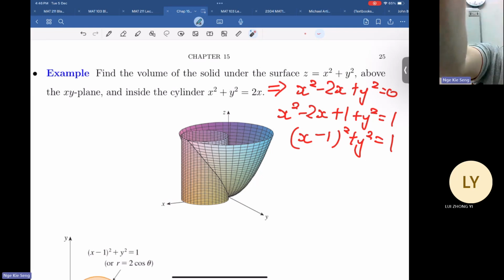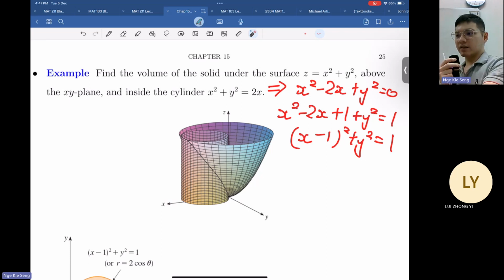So this picture is equivalent to drawing a circle down there, and then you look at the surface above the circle. Make sense or not? So you can think of a volume above the base circle and then under the surface.